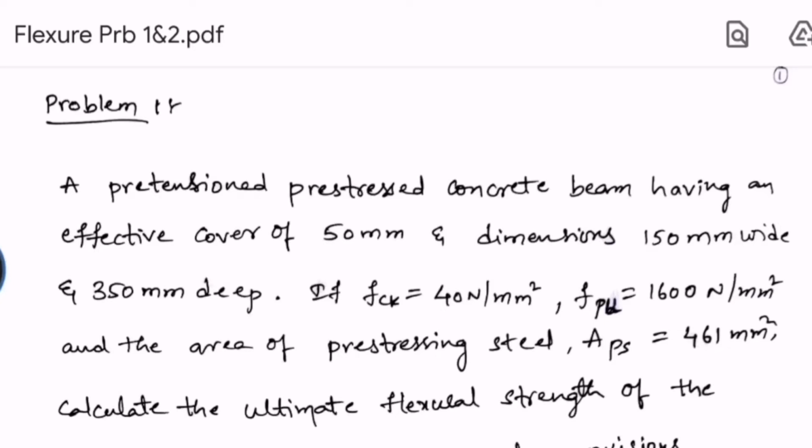A pre-tensioned pre-stressed concrete beam has an effective cover of 50 mm and dimensions of 150 mm width and 350 mm depth.